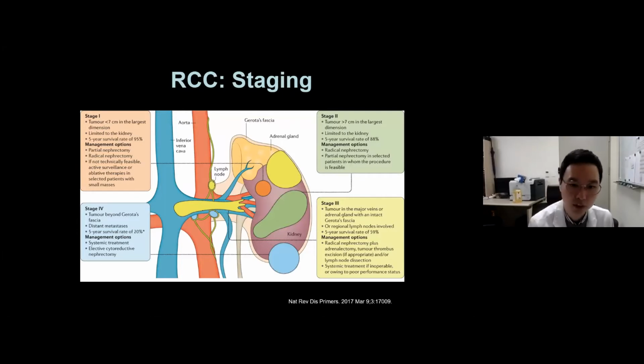For example, in stage 1 or 2, the tumor is enclosed wholly in the kidney, and stage 3 tumors can extend into major veins or adrenal glands within Gerota's fascia. If we move on to stage 4, these tumors can invade beyond Gerota's fascia and have distant metastasis.